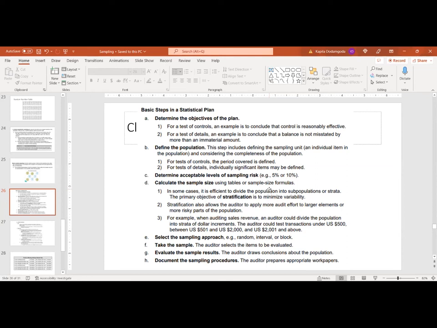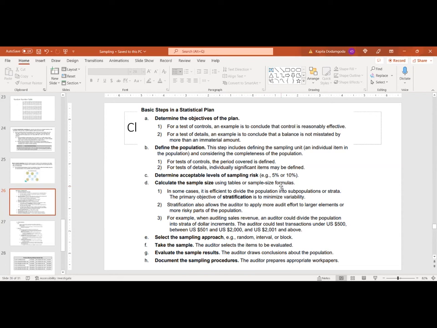Okay. And then you have to look at the sample size using the tables or a sample size formula. To a little extent, we are going to touch upon that here, because when you want to do a study, you need to decide on the sample size, right? Say you are going to look at 100,000 cash payment vouchers.